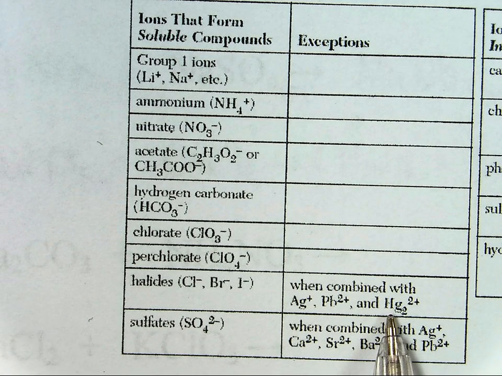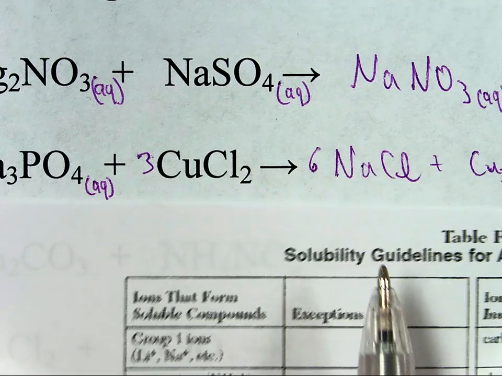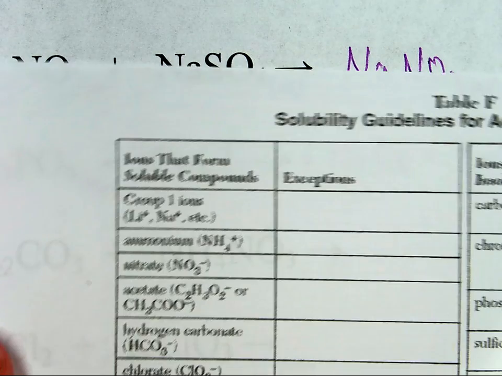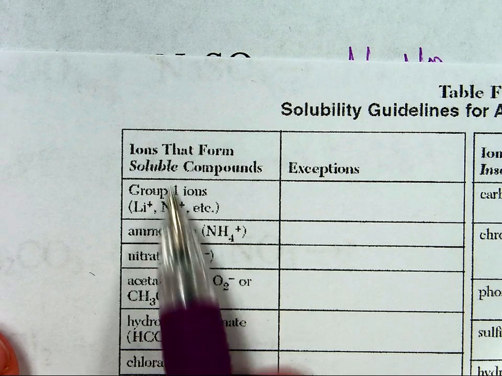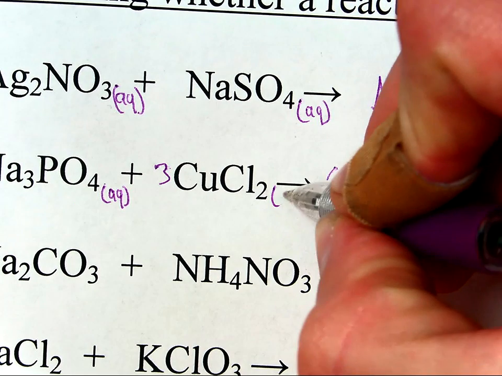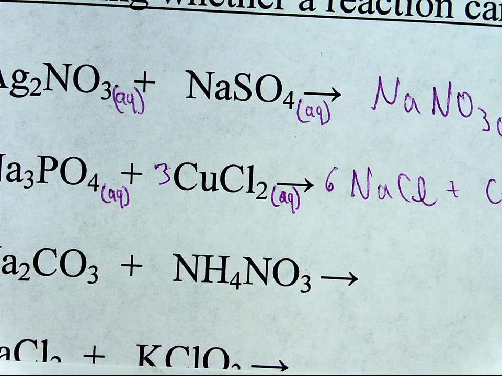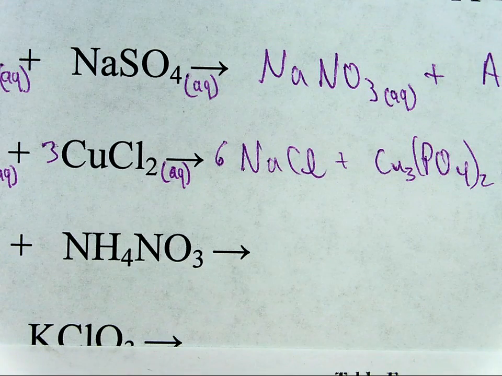So copper paired with chlorine. Well, copper isn't one of the exceptions, therefore we follow the rule that halides are soluble. That's AQ for the copper chloride, or rather copper 2 chloride.